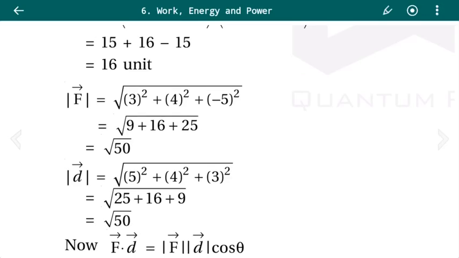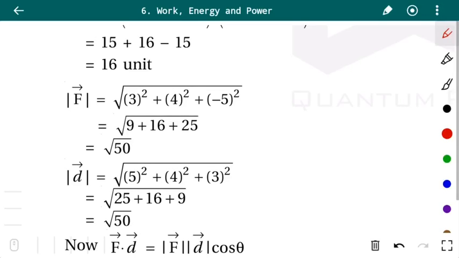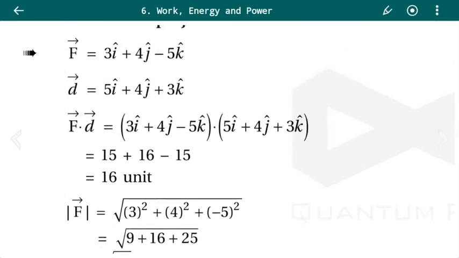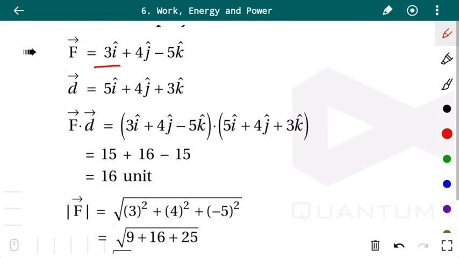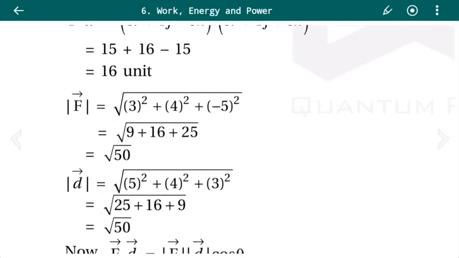Now using the magnitude of F, that is under root of x component square plus y component square plus z component square. So here the x component of F is 3, so 3 square, plus the y component of F, that is 4 square, and the z component of F is minus 5, so minus 5 square. When we solve this, we get root 50.